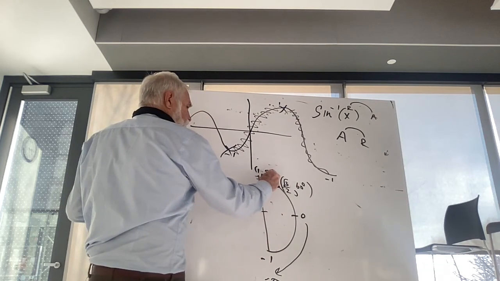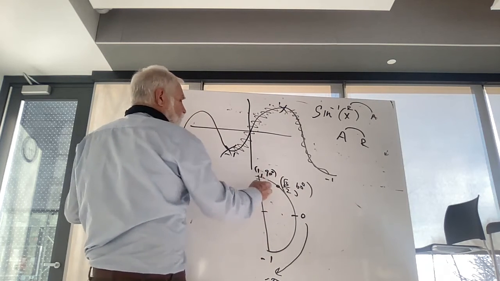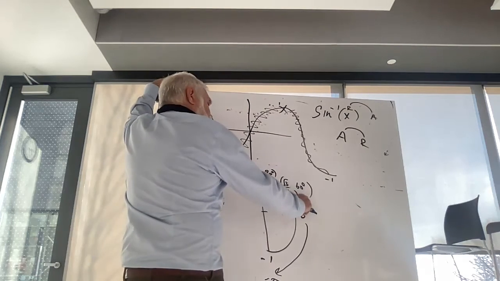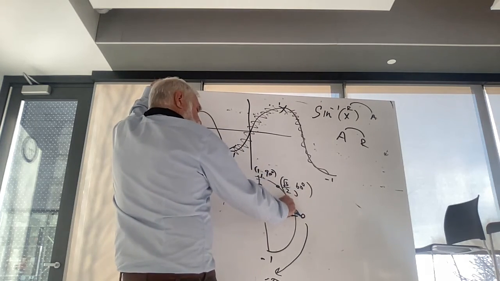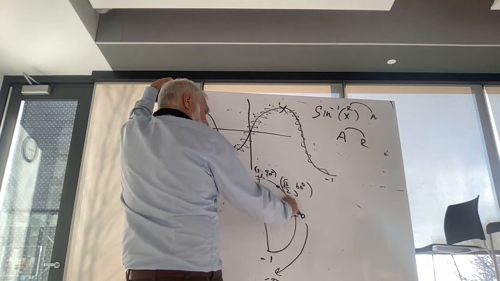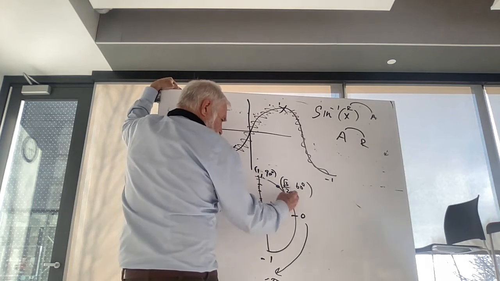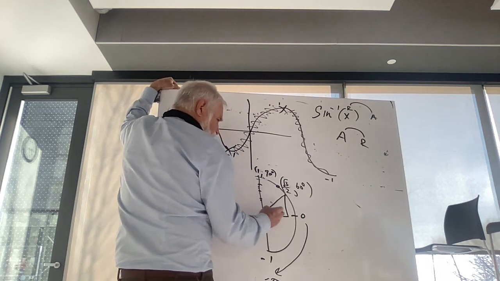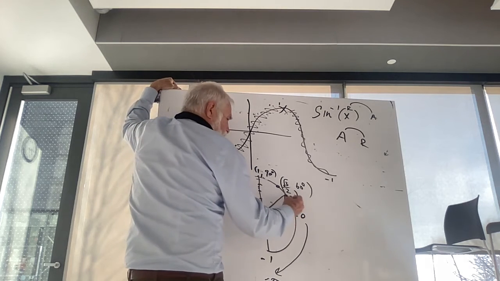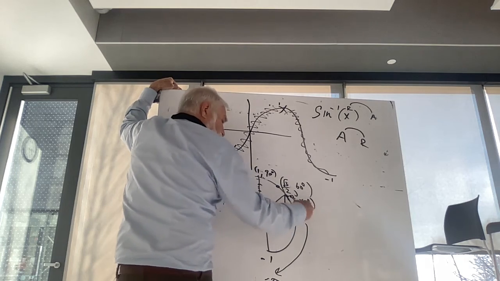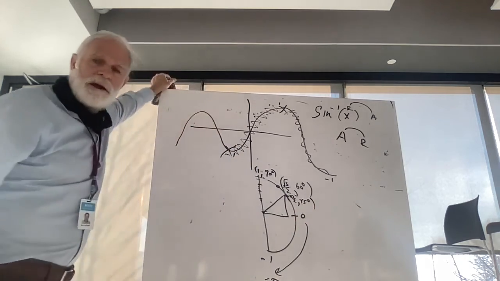Sine of 90 degrees is 1. Therefore, the inverse of 1 is 90 degrees. The sine of 60 is root 3 over 2. Therefore, the inverse of root 3 over 2 is 60. Then we have our 45. And not the greatest drawing. It's not bad. So therefore, you've got your root 2 over 2 came from 45 degrees because the sine of 45 is root 2 over 2. So I hope you get the idea.